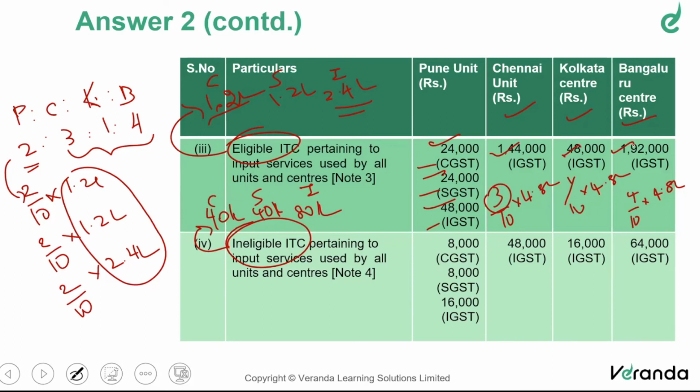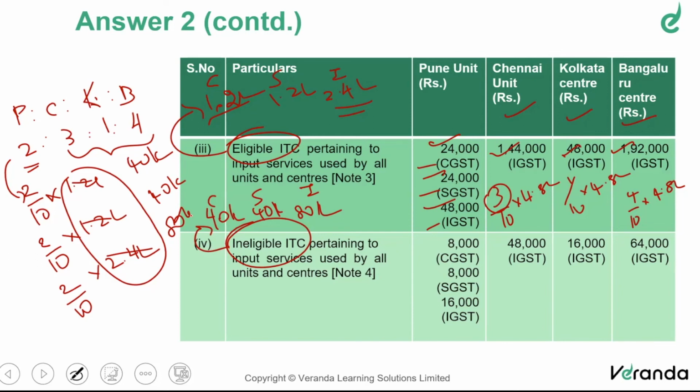Now this is eligible. Ineligible also works the same way. So these numbers will become, instead of this, 40K, 40K, and 80K as far as Pune is concerned. Therefore, 8,000, 8,000, and 16,000 as CGST, SGST, and IGST.